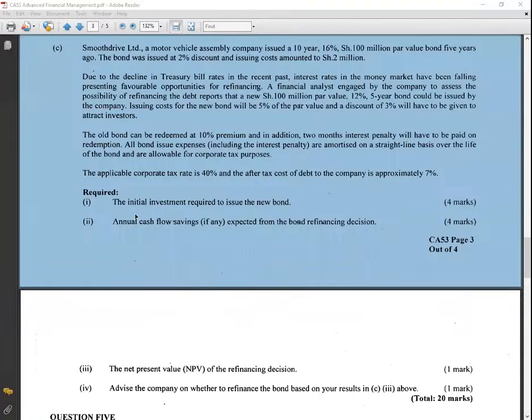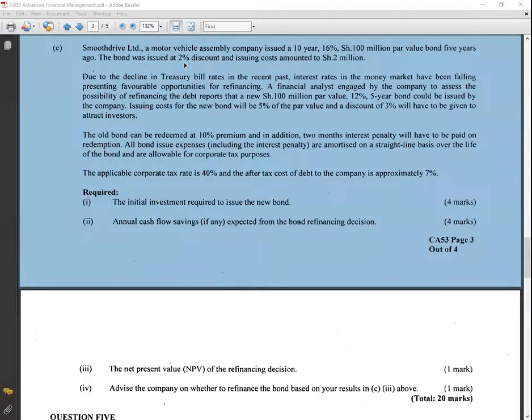Now, listen. We are told up here, the old bond information is given up here. The bond was issued how many years ago? 10 years ago. And the bond was issued at what discount? 2% discount.